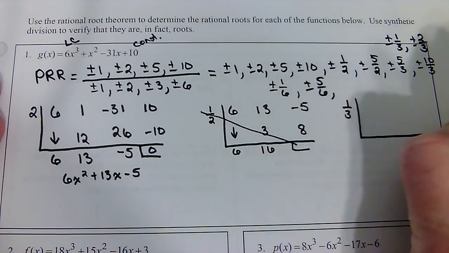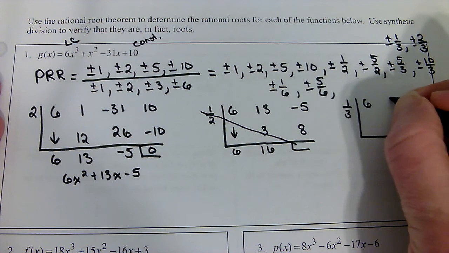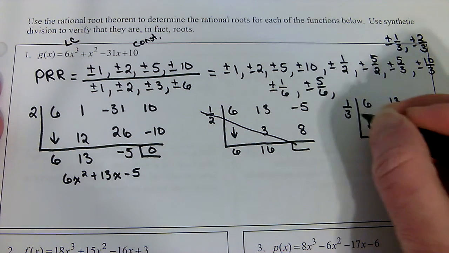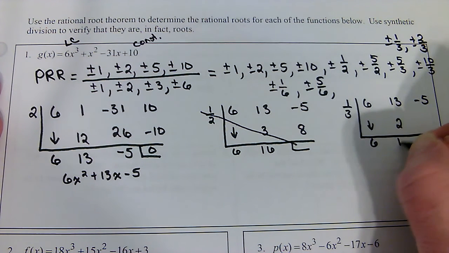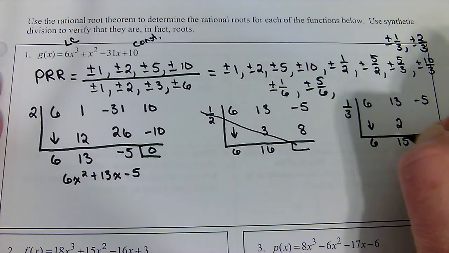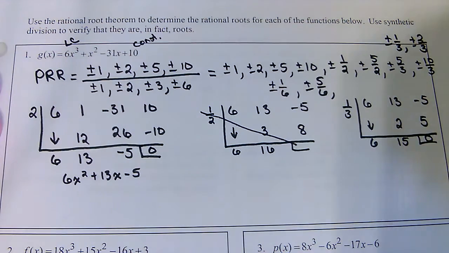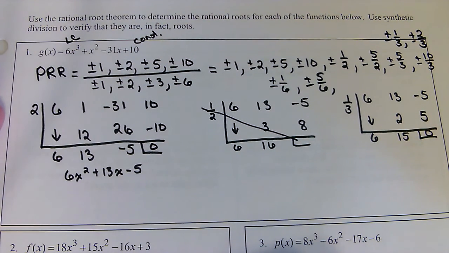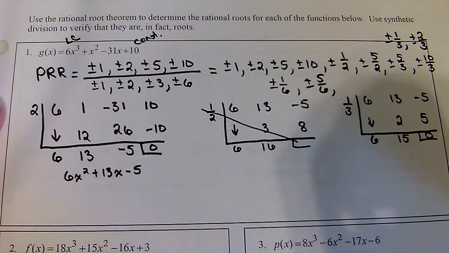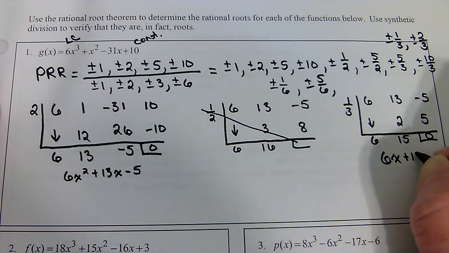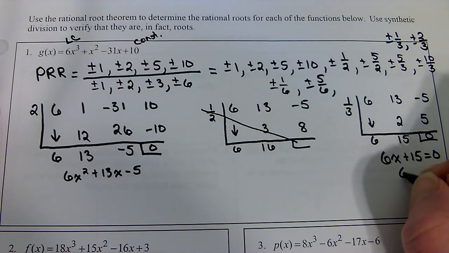Let's try 1/3. 6 times a third is a 2. That gives me 15. Third of 15 is 5. Oh, looky there. We got one. And what's left is a nice linear factor.